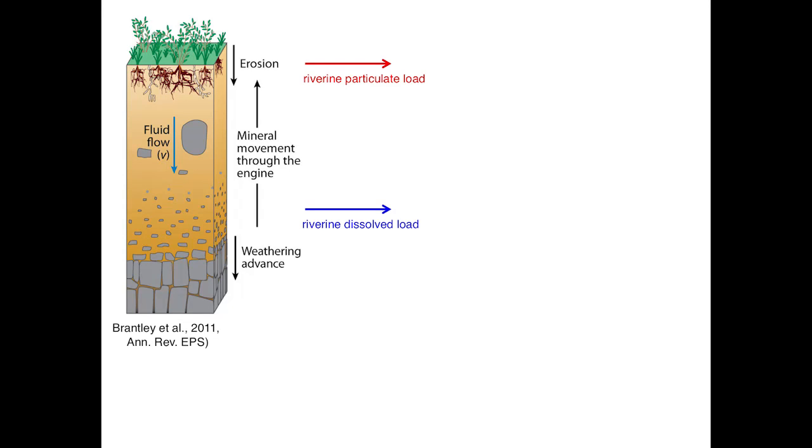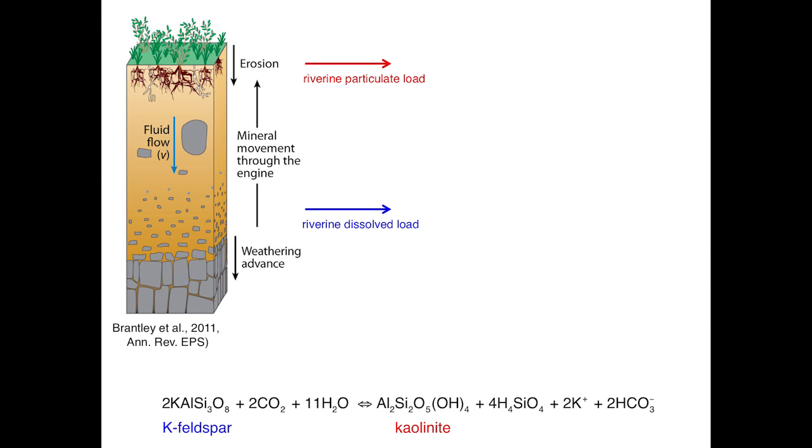So one control on how intensely weathered stuff is before it's moved out into a particulate load is how fast rock uplift is occurring. The other thing that affects weathering intensity, how much of the rock you dissolve and get into the aqueous phase relative to leaving behind in a solid phase, has to do with secondary mineral formation. Many weathering reactions do not just take a mineral in a rock, turn it all into soluble components and ship those out into river water and into the ocean.